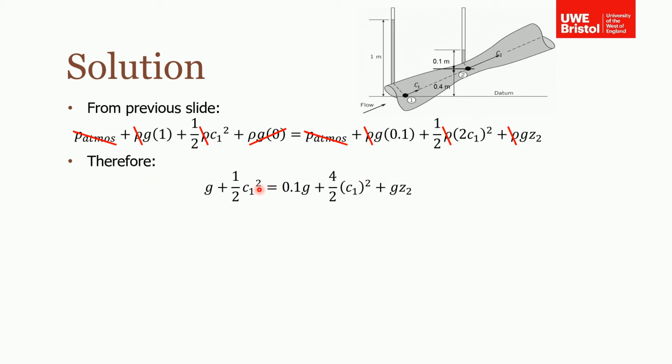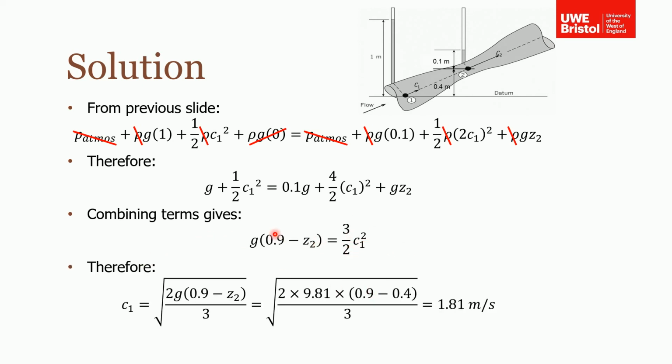So now, if we rearrange, start collecting the terms, we've got G minus 0.1 G gives us 0.9 G, minus Z2 G over to this side, so we get this term, collecting all the G terms together. And if we collect our C1 terms, we've got 4 over 2 minus 1 over 2 gives us 3 over 2 C1 squared.